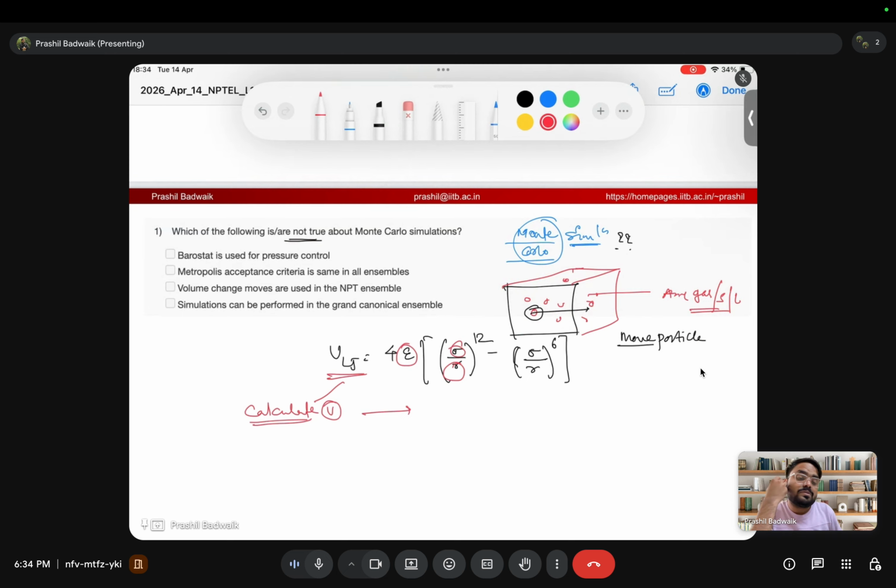For example, I am doing NVT, that is the canonical ensemble. For this canonical ensemble, I perform a displacement move. That means I randomly pick a particle and move it some distance, a random displacement.